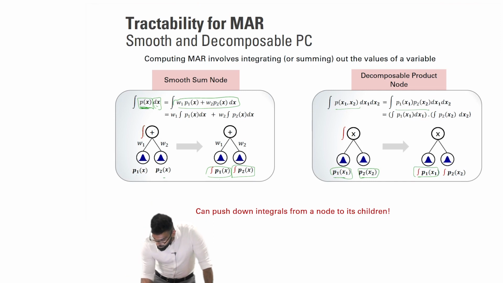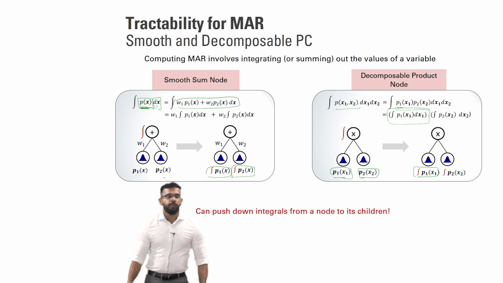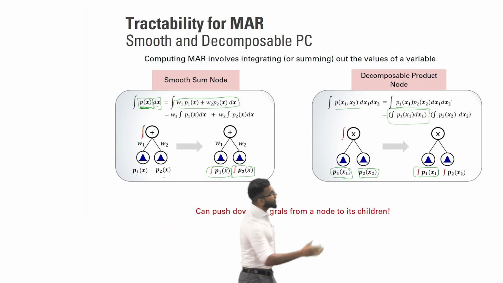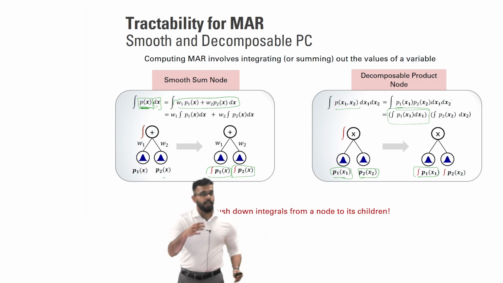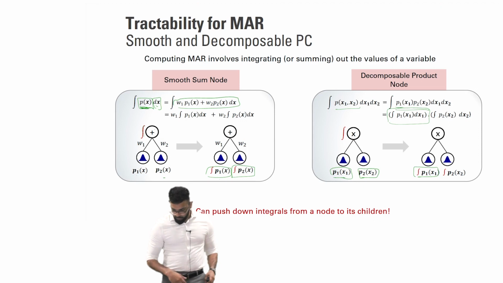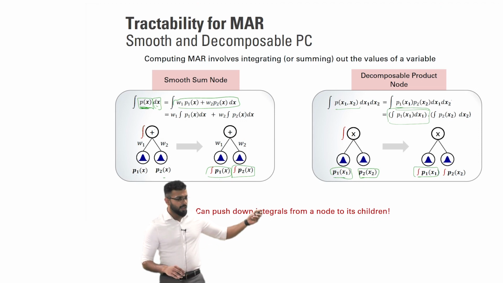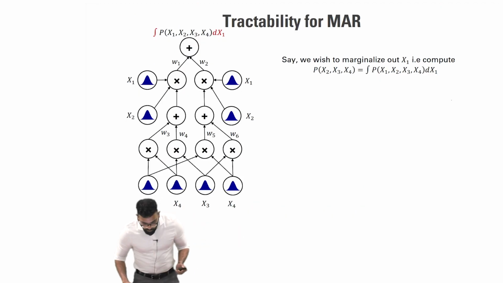So you have P1 independent of x2, so you can take the integral over P1 of x1 outside and the integral over P2 of x2 as something separate. And you can write the joint integral as a product of integrals defined over the children. So you're again pushing down the integral defined over a node to its children. Is that clear? Yeah. All right.